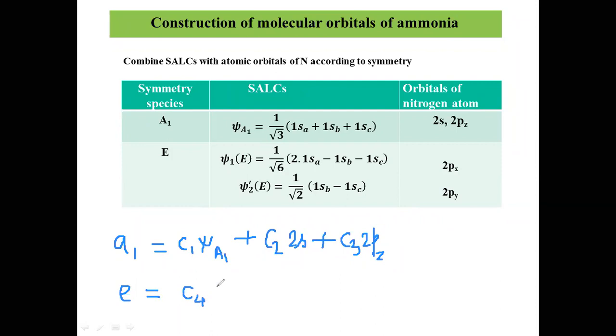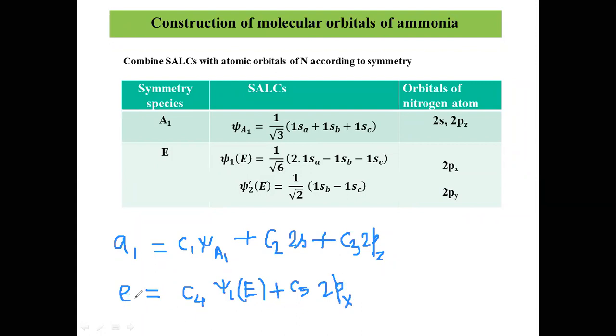Then I'm going to have psi 1 E type plus C5 2px. Okay, similarly I will have another one.